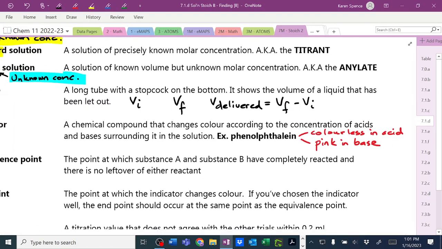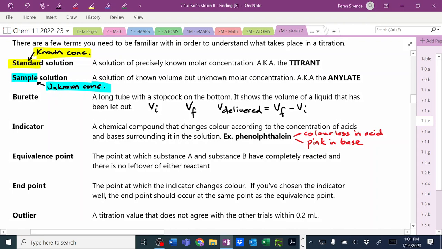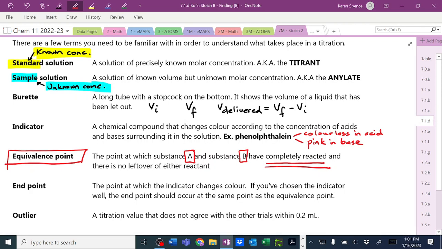At some point in a titration, we are going to reach the equivalence point. The equivalence point is when A and B have completely reacted. Okay, so you've got some A and it needs to react. Let's just say that A are these pens. Okay, let's say that A are these 3 pens.